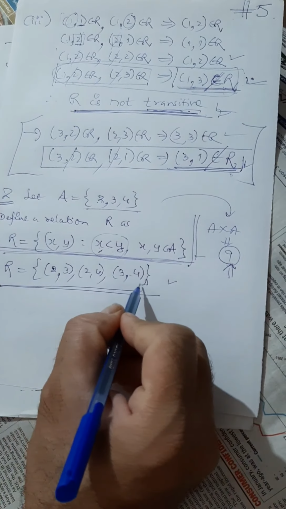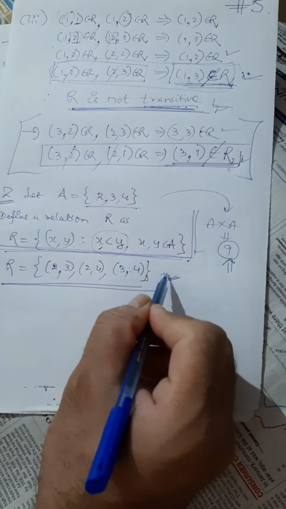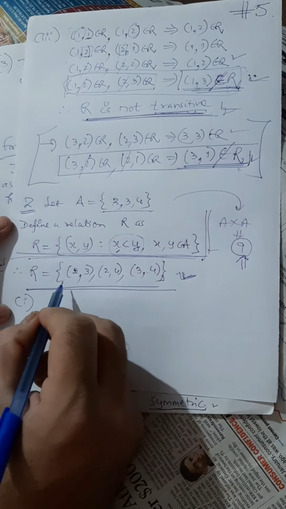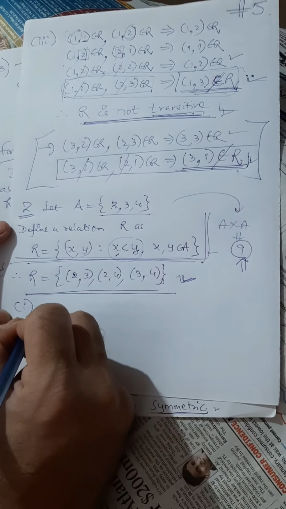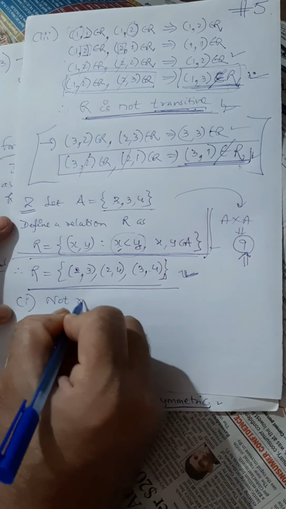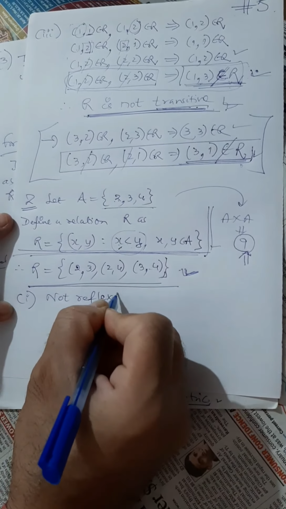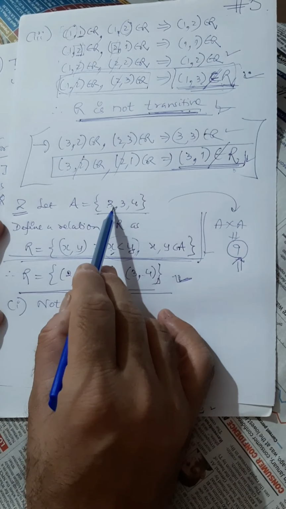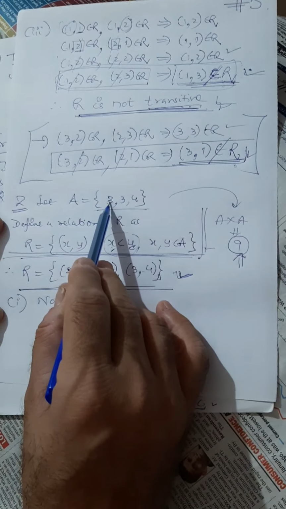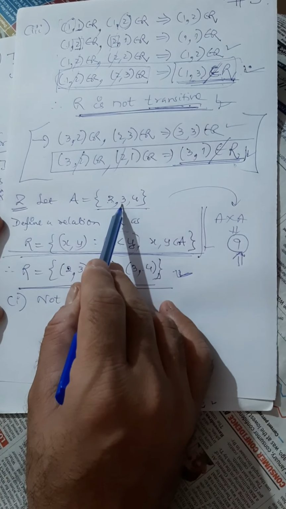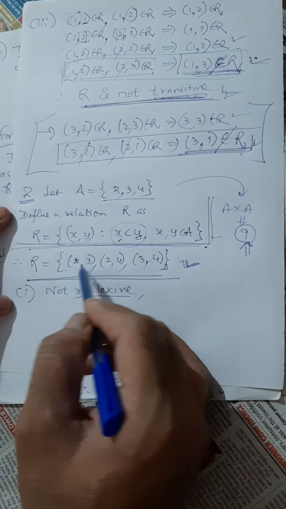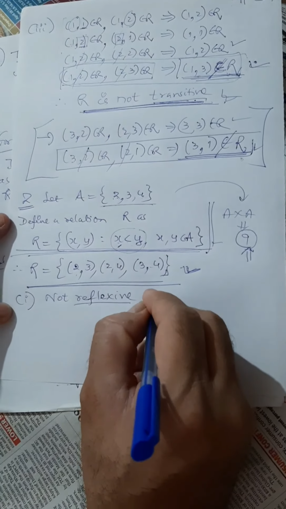Now the question is: is this reflexive, symmetric, and transitive? The first one, it's very obvious that it's not reflexive. Why? What's the definition of reflexive? For each member of the set, 2, 2 should be there, 3, 3 should be there, and 4, 4 should be there. But here 2, 2 is not there, 3, 3 is not there either.